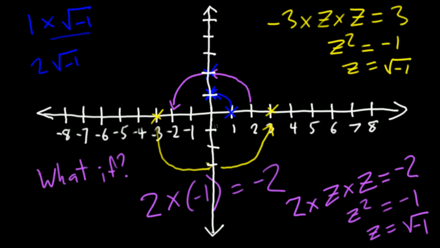And here's negative 1 times the square root of negative 1, and negative 2 times the square root of negative 1, and negative 3 times, negative 4 times, negative 5, and so forth. Now, the square root of negative 1 is referred to by mathematicians as i. It's called the imaginary unit. And this axis is called the imaginary axis.